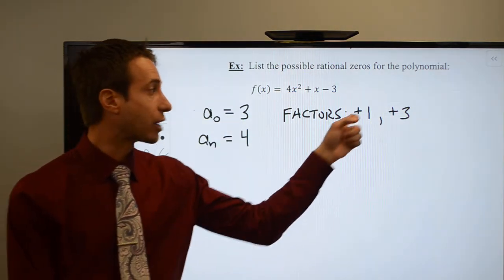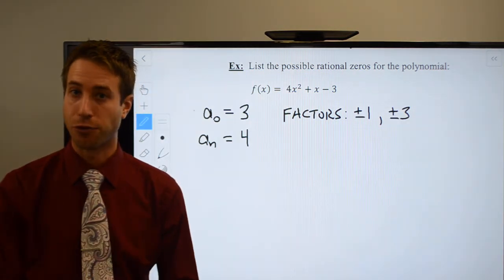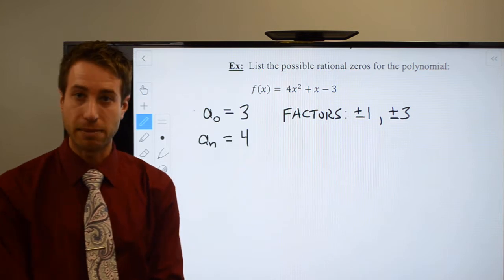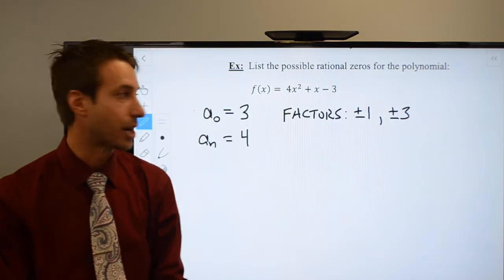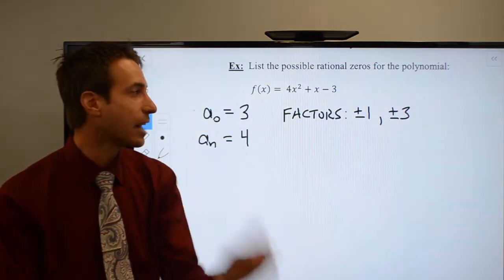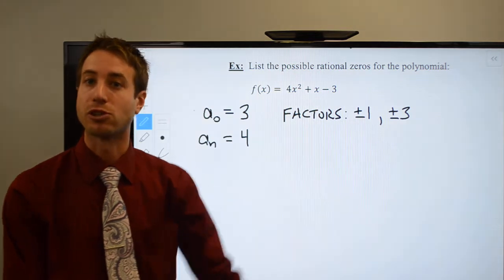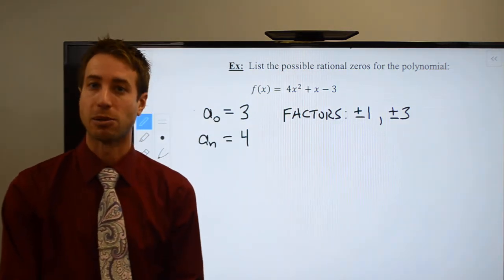But also I could do a -1 and a -3, which also get me 3. Or I could do a +1 and a -3, which gets me the -3, which I was given, or a -1 and a +3, which gets me the -3, which I was given. Anyway, ±1, ±3.